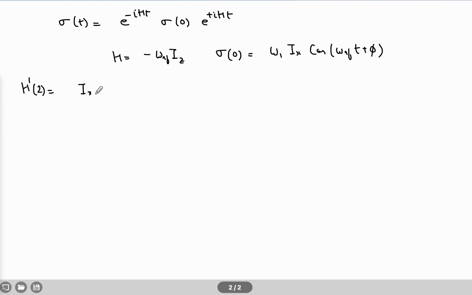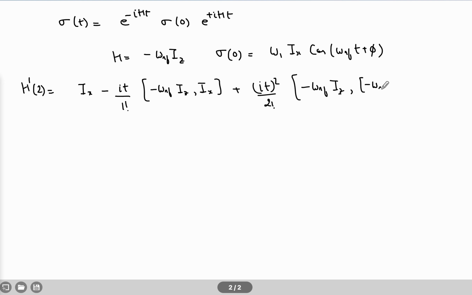So I'll treat it as Ix, and then minus it by 1 factorial, minus omega RF Iz commutator with Ix, then (it) squared by 2 factorial, minus omega RF Iz, minus omega RF Iz, double commutator with Ix, and so on.